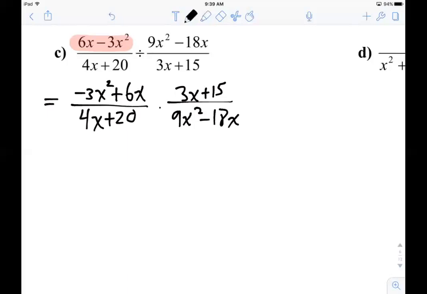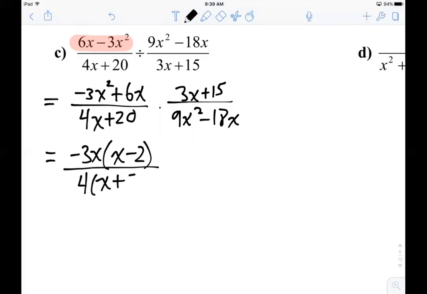So on top, in this first expression, I've got some common factoring I can do. I can common factor out negative 3x. That's going to leave an x minus 2. On the bottom of that one, I can factor out a 4. That's going to leave x plus 5.